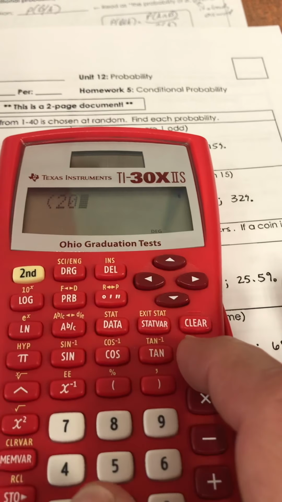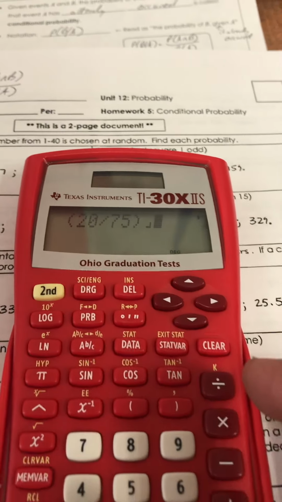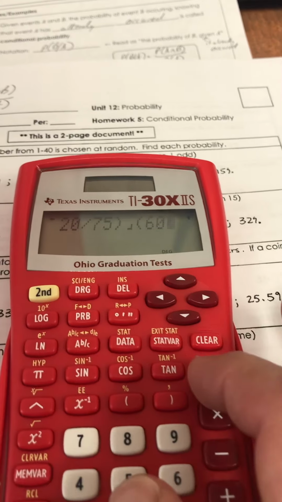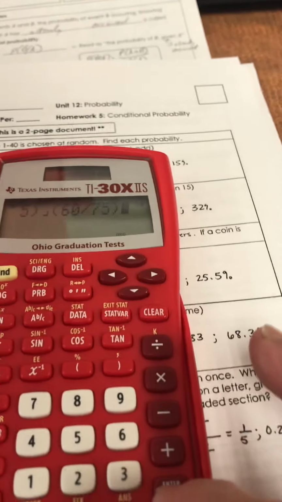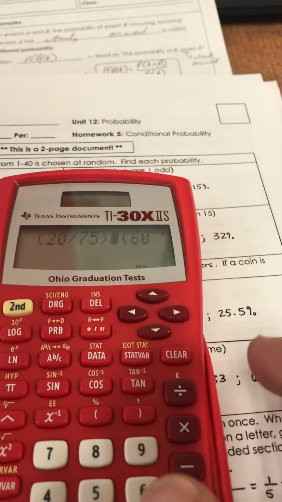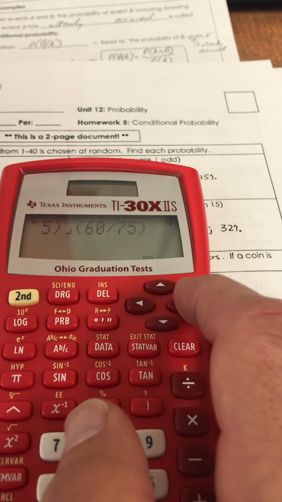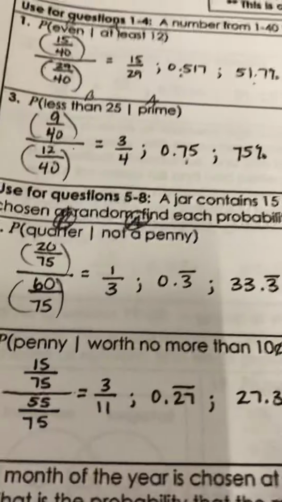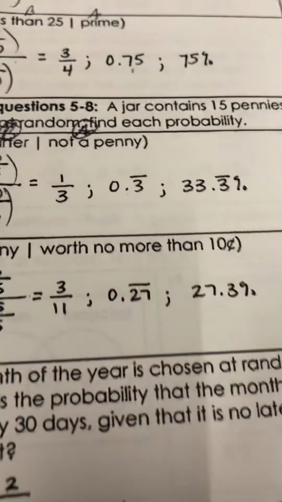Let me try it in parentheses this way. 20 divided by 75, back parentheses, use the ABC button, and then see what happens there. 60, if that will help you out, divided by 75. No, that won't work. Okay. Yeah, I thought maybe that would be an easier way to go straight to the fraction. But this will take you straight to your decimal and your percentage.